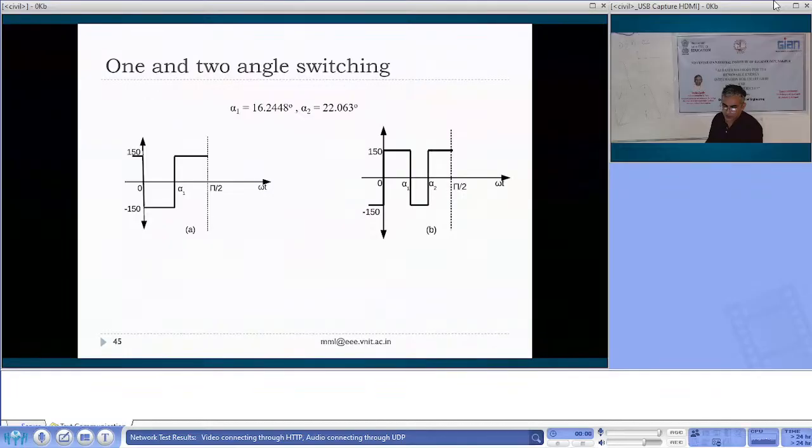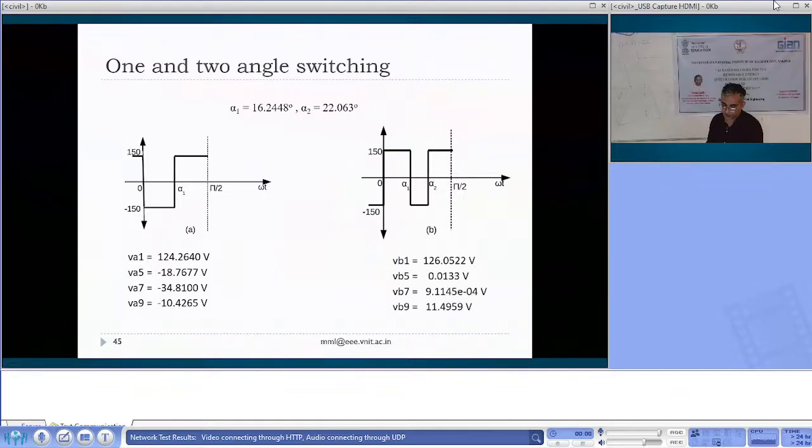So these are the 1 and 2 angle switching for alpha 1 and alpha 2. This is just a problem given maybe for exams, because we run the course PWM techniques for power converters. Here for the 2 angle switching, we reduce the 5th harmonic to 0, negligible. 7th is also 0.